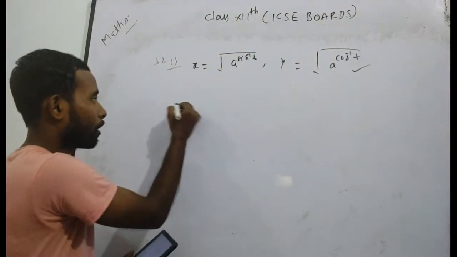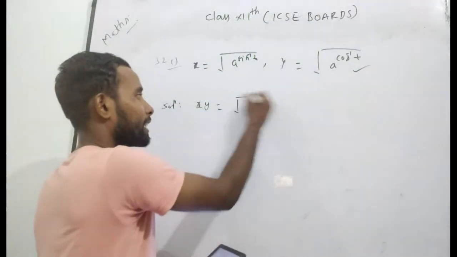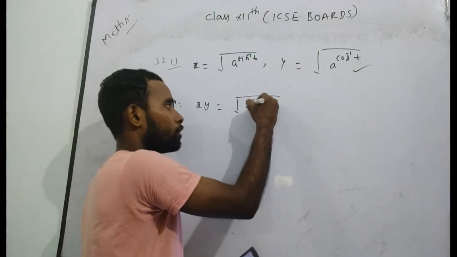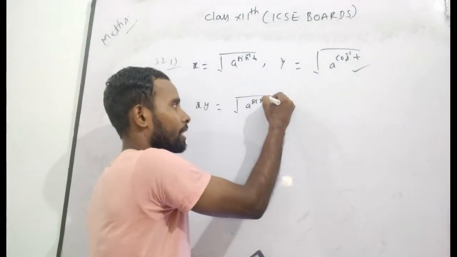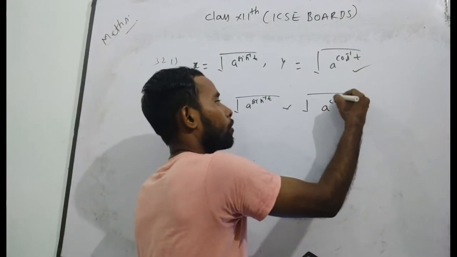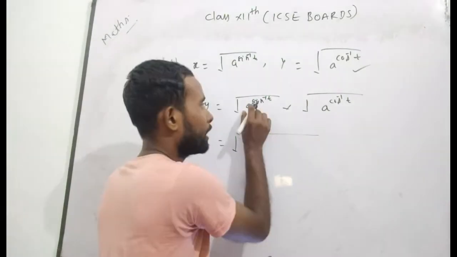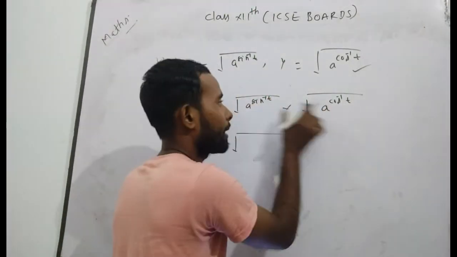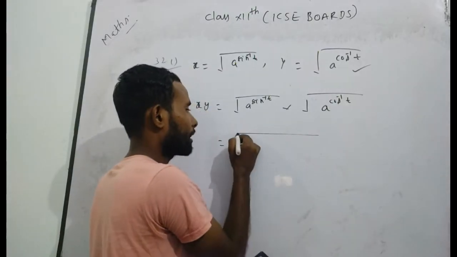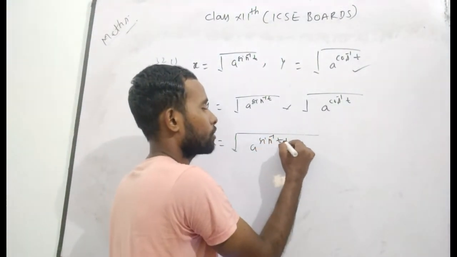Now, first of all, simply multiply each other. In that case, x times y is equal to a to the power sin inverse t into under root a to the power cos inverse t. As you know, it will be under root a to the power sin inverse t plus cos inverse t.